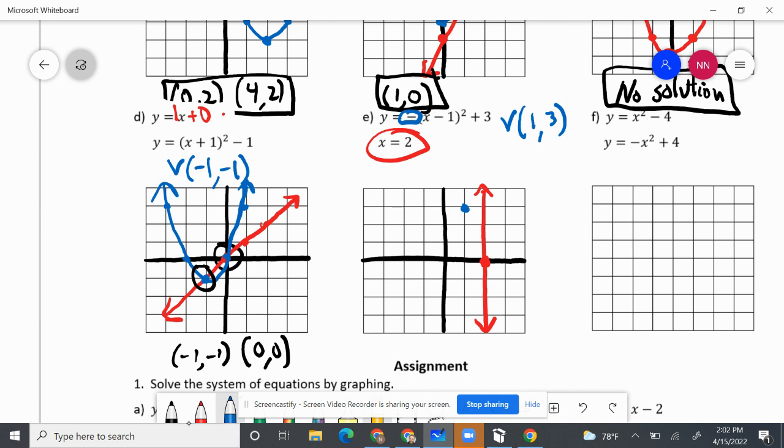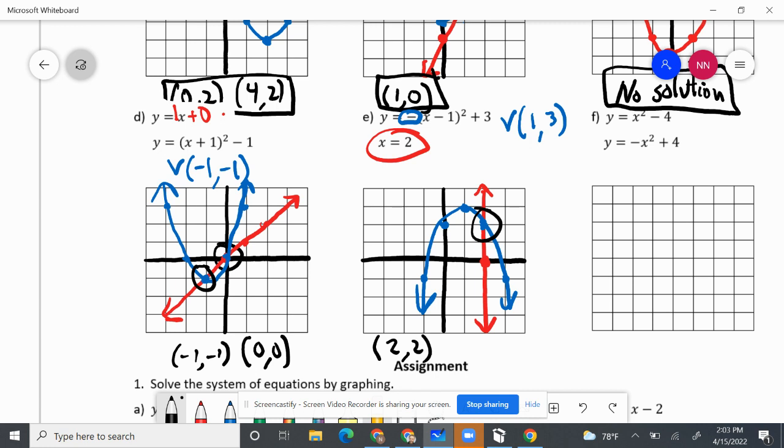So when we follow our pattern, when we go over 1, we go down 1. And when we go over 2, we go down 4. And so looking at this, we see that it crosses once at 2, 2.